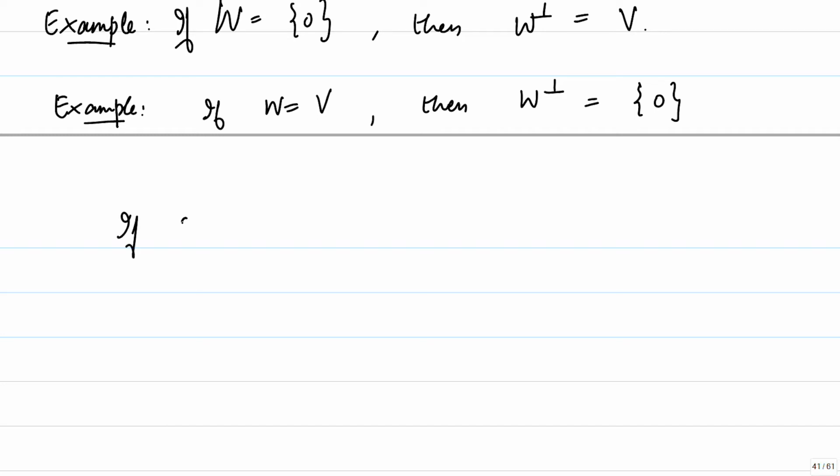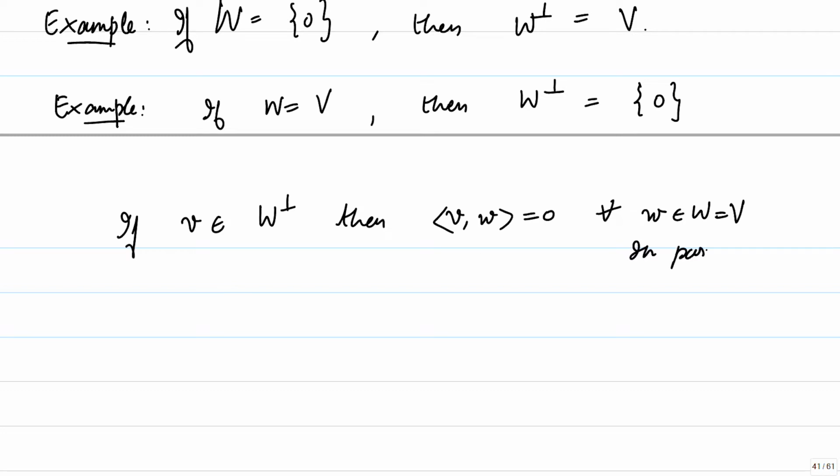So, if v belongs to W orthogonal, then the inner product of v and w is equal to 0 for all w in capital W, but our capital W is equal to V. So, in particular, small v also belongs to W because small v belongs to capital V, and therefore, inner product of v with itself is equal to 0, but that implies the length is equal to 0, which implies that the vector is necessarily equal to 0, or the positivity will tell us that v is equal to 0.